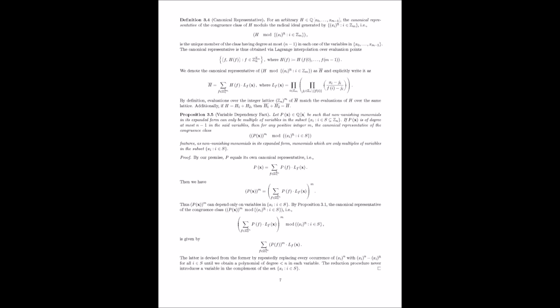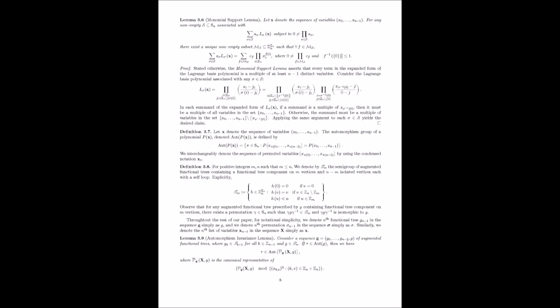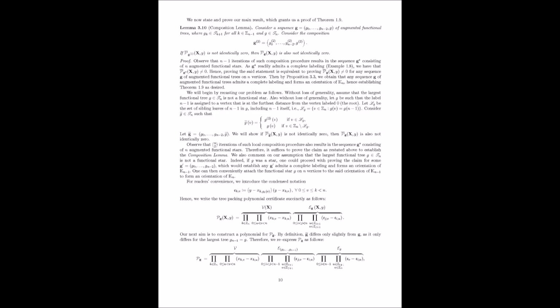And because packing star trees is so straightforward, proving that our tree packing polynomial, that PG of xy, isn't always 0 for a sequence of star trees becomes a much easier problem to tackle. It's like laying the first brick in a wall. You need a solid base to build on. So they've shown that the polynomial works, or at least it's not always 0 when you're dealing with a bunch of these star trees. Exactly.